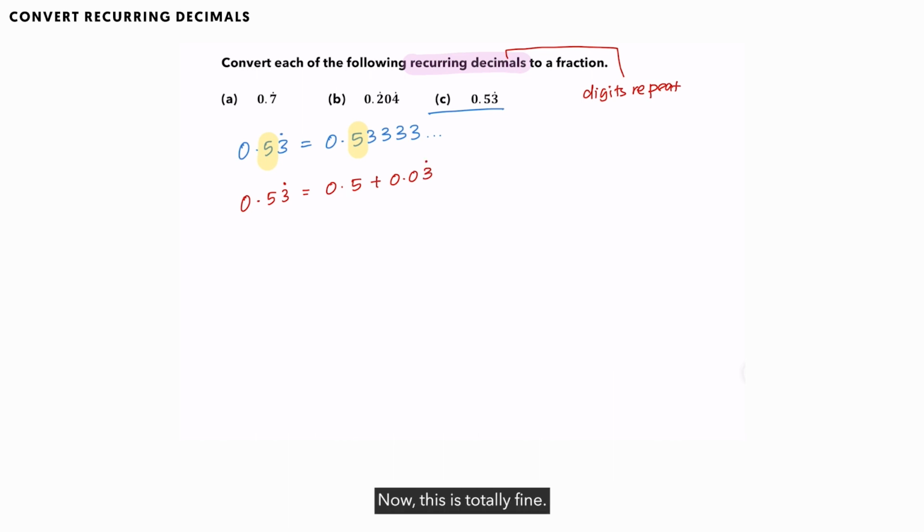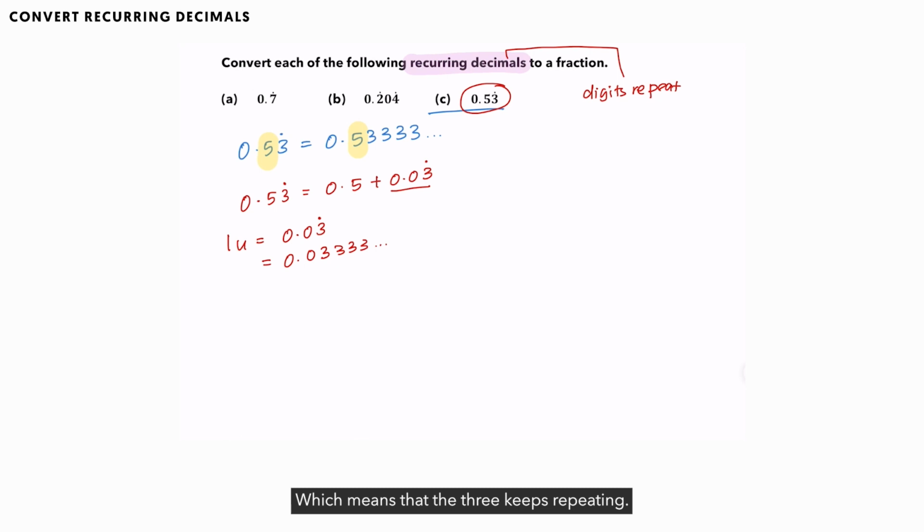Now, this is totally fine. It simply means that your 1 unit is not the entire recurring decimal. So instead, your 1 unit right now will be your 0.03 with a dot above the 3. So let's do that. 1 unit is 0.03 with a dot. And if you expand this, you get 0.03333 dot dot dot, which means that the 3 keeps repeating.